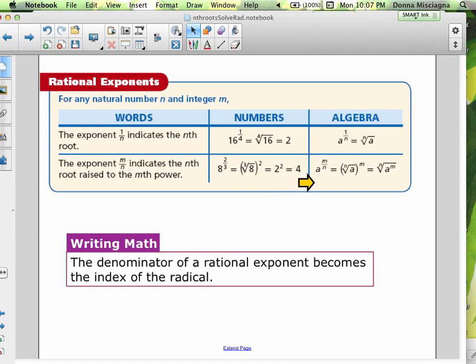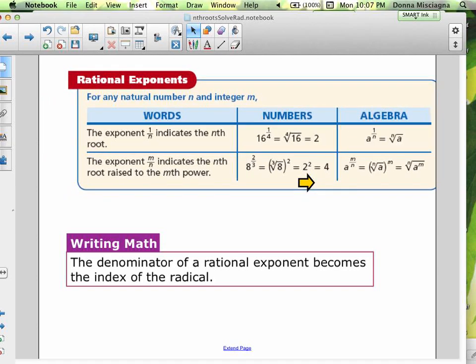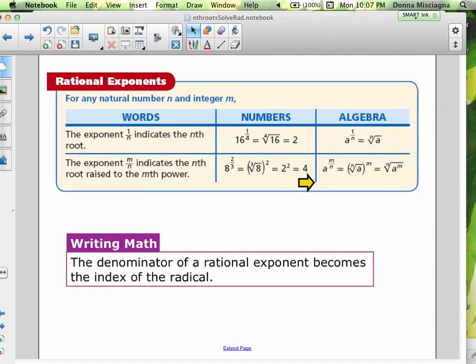And then again, a to the m/n power could be rewritten with or without parentheses, because a is positive, as the nth root of a raised to the mth power. And there you go. So the denominator of a rational exponent becomes the index of the radical.